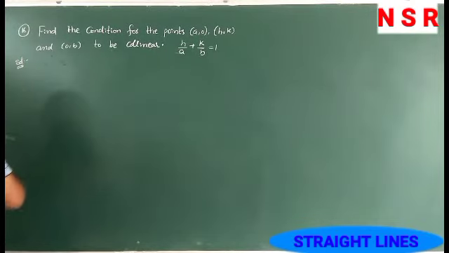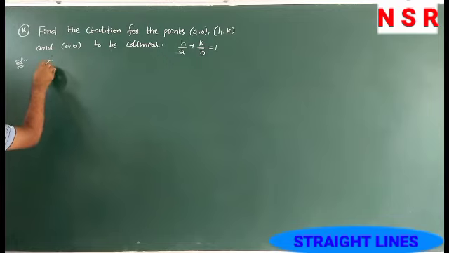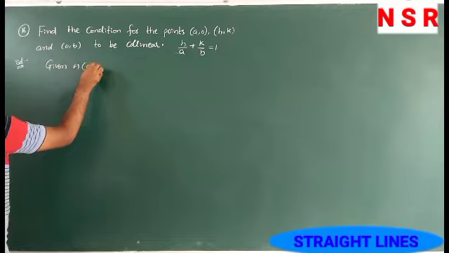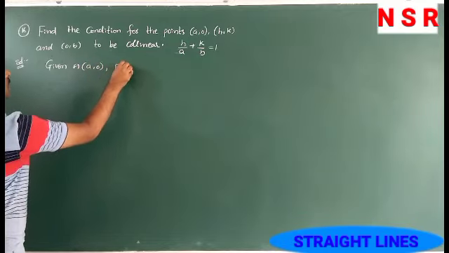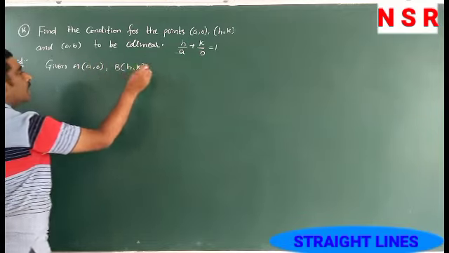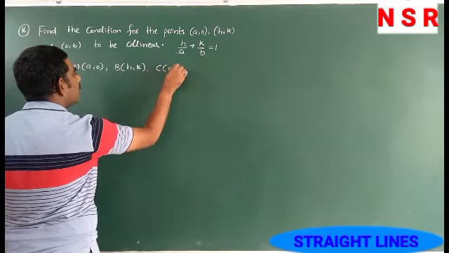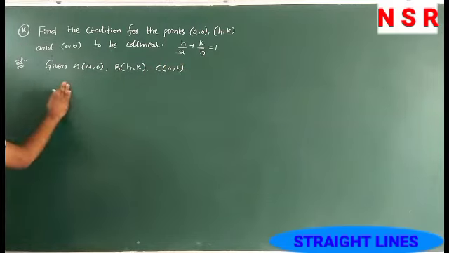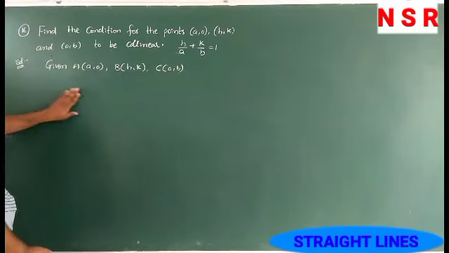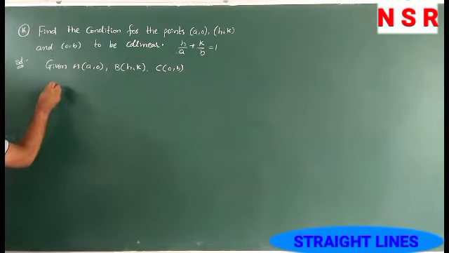Now find this condition. Here the given points are collinear. Given A(a, 0), B(h, k) and C(0, b). We already know the condition for collinear points: slope of AB equals slope of AC.